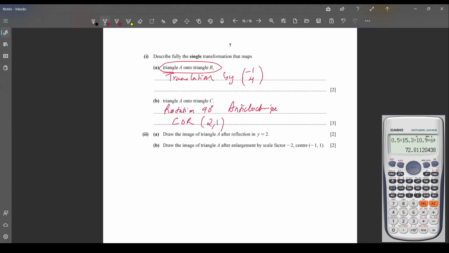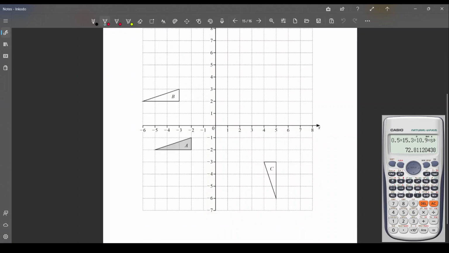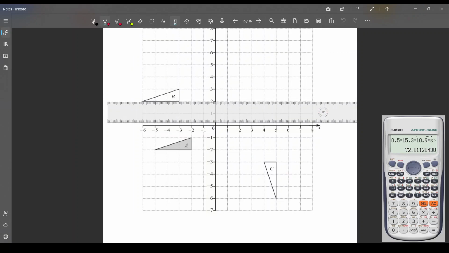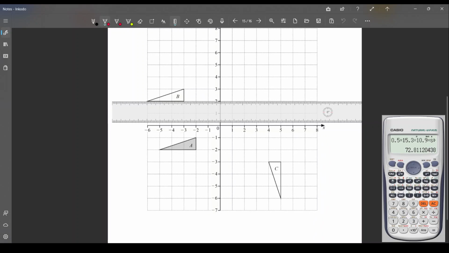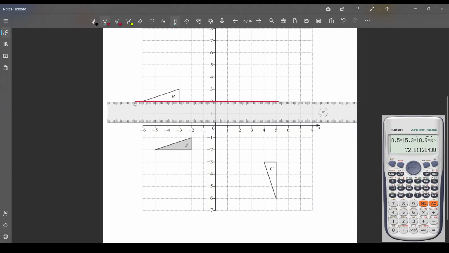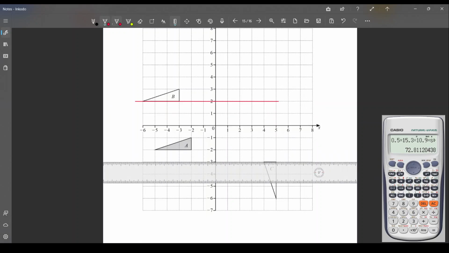So the next question is, draw the image of triangle A after reflection in y equals 2. So the line y equals 2 will be here. You have to draw a reflection of this A. You know that the distance between the object and the image should be the same.